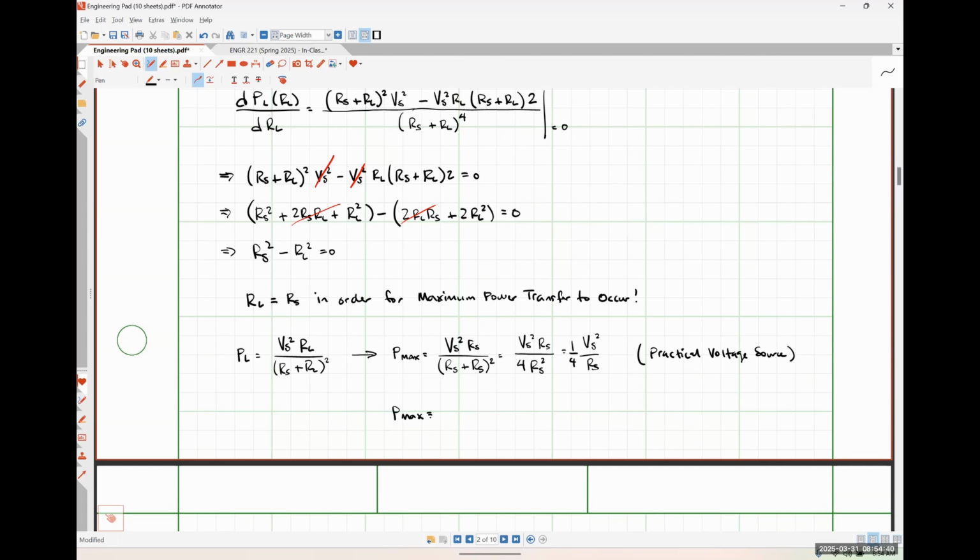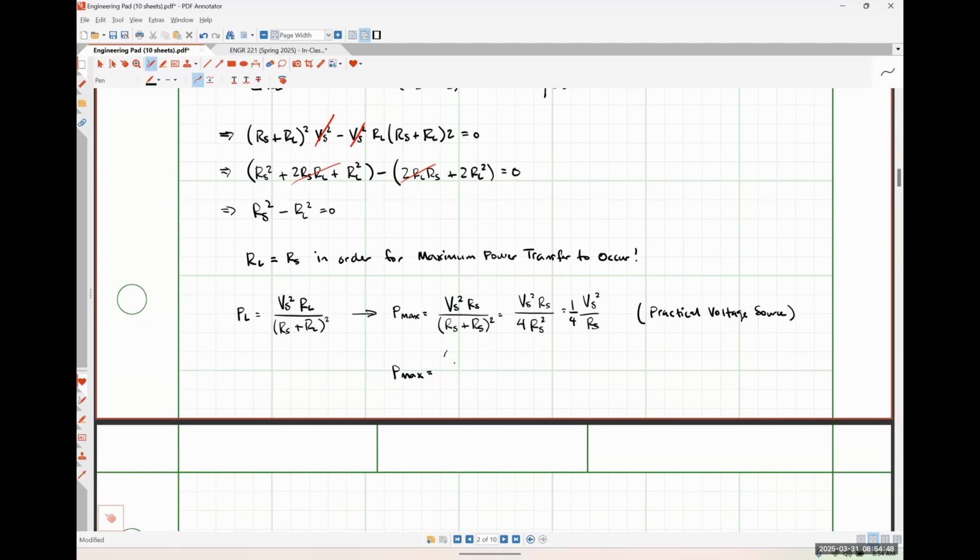VS is equal to IS times RS. Literally just substitute it in. So that would be IS RS quantity squared times RS over, I'm just going to write this as twice RS squared. And so we can see that we're going to wind up getting a factor of 1/4 IS squared RS.